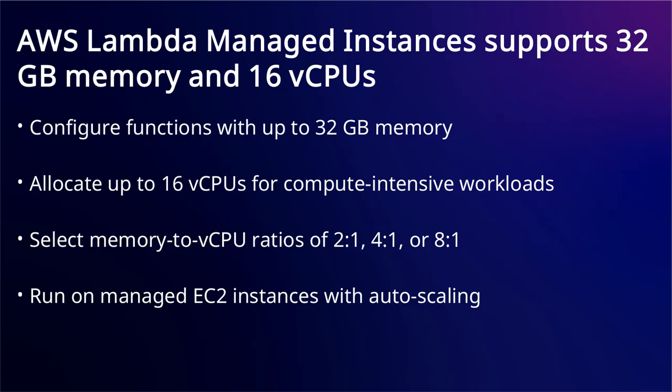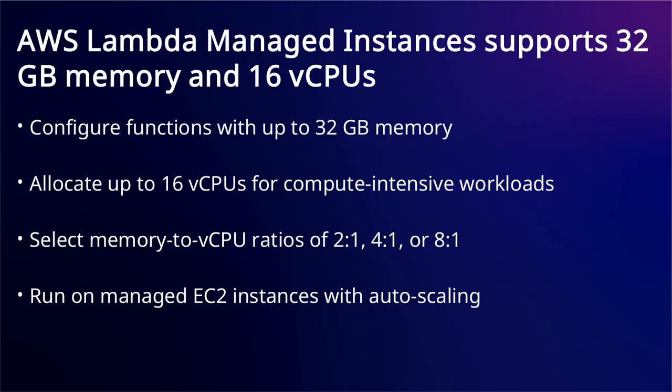You can select from 3 memory to vCPU ratios, 2:1, 4:1, or 8:1, allowing you to optimize for CPU-intensive or memory-intensive workloads. For example, at 32 GB of memory, you can configure 16 vCPUs for CPU-intensive tasks or 4 vCPUs for memory-intensive operations.